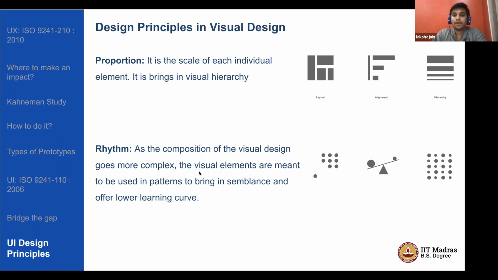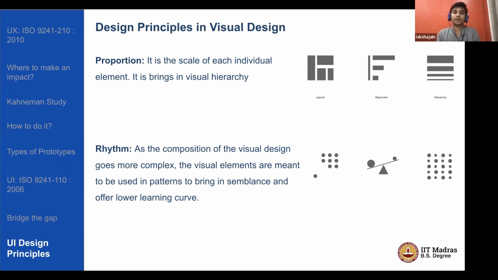Rhythm. Make sure that as your composition of the visual design becomes more complex, the design patterns you have decided upon for your software are leveraged so as to reduce the learning curve of the user. They need not have to learn again and again how to use that particular component, how that interaction should happen.